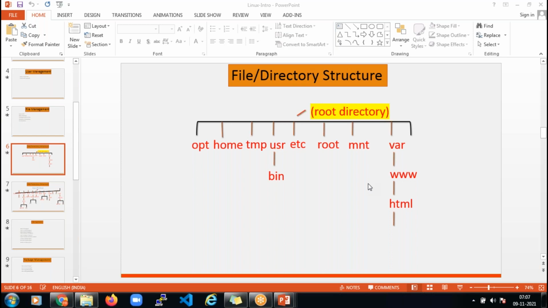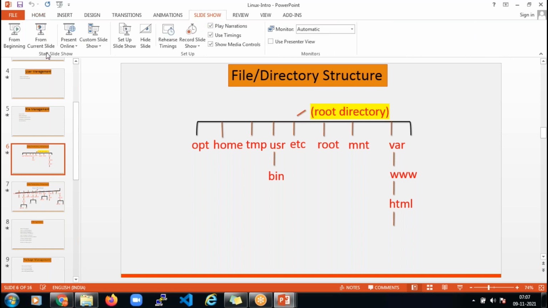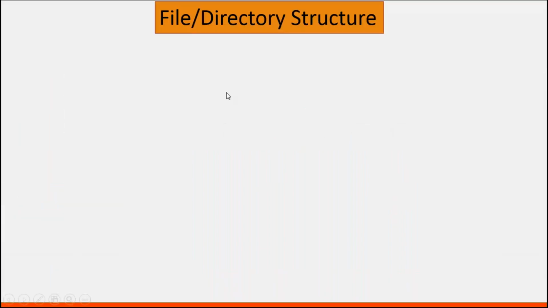Good to know, right? So we have seen the directory structure: in Linux, the root directory is also called slash. Every directory or file must reside under the root directory only. That is the standard statement.